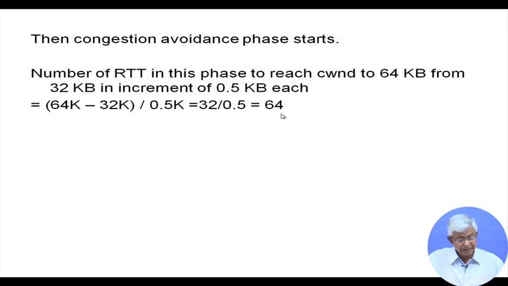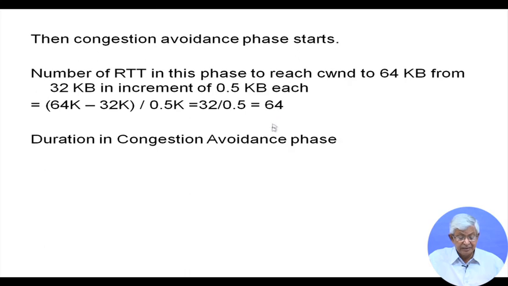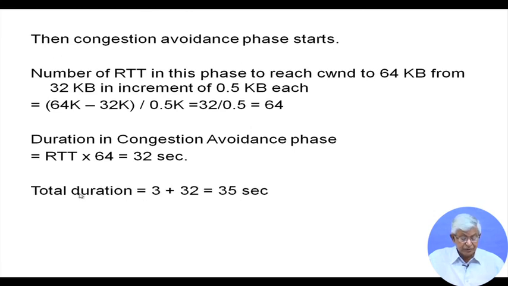That comes out to be 64. So, 64 RTTs will be required, and each RTT is 0.5 seconds, so it comes out to be 32 seconds. The congestion avoidance phase is 32 seconds, and the slow start phase is 3 seconds. So, the total duration is 35 seconds. Therefore, the appropriate choice is B.